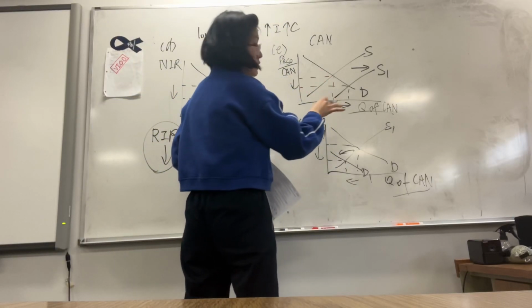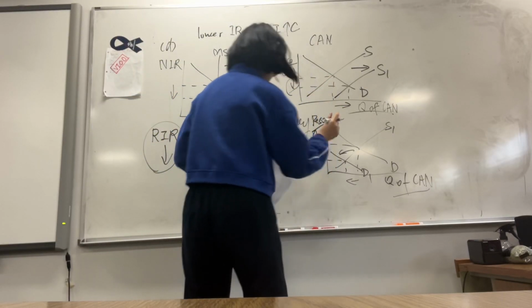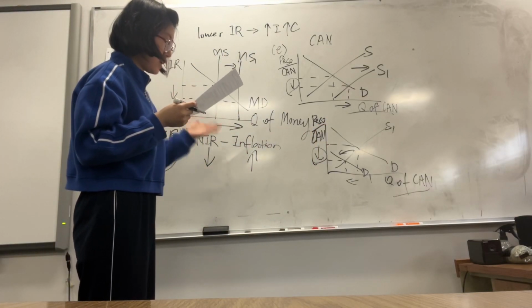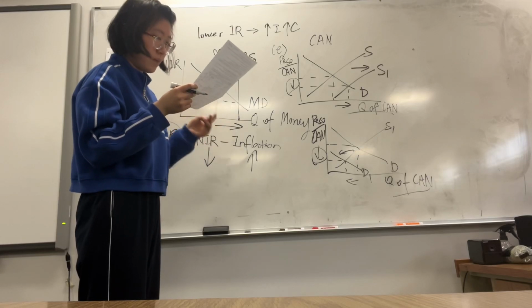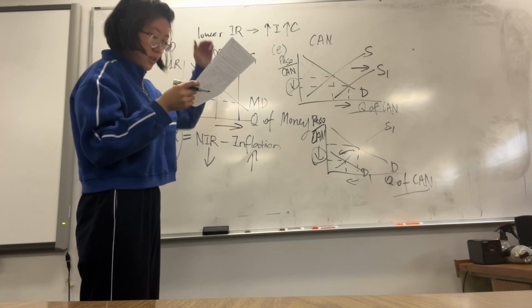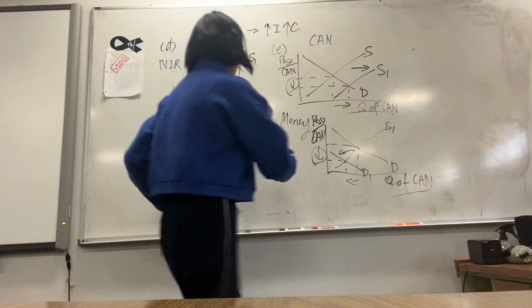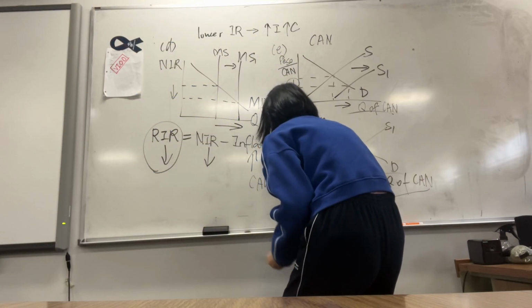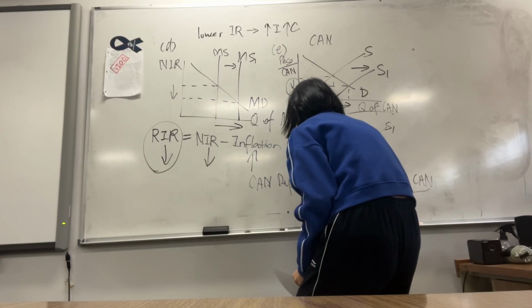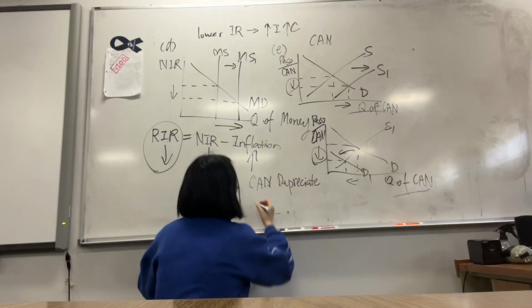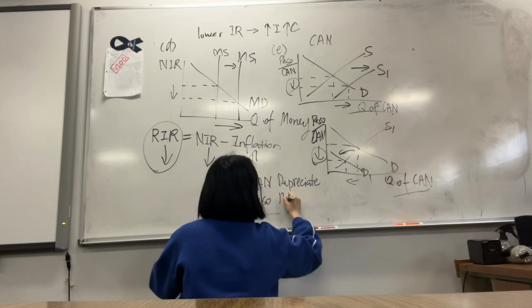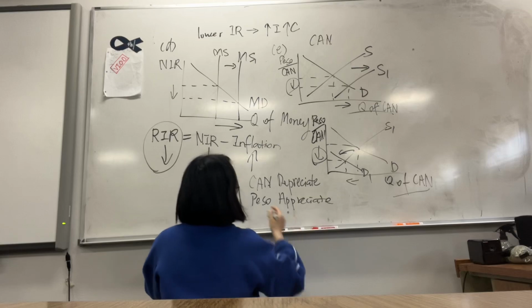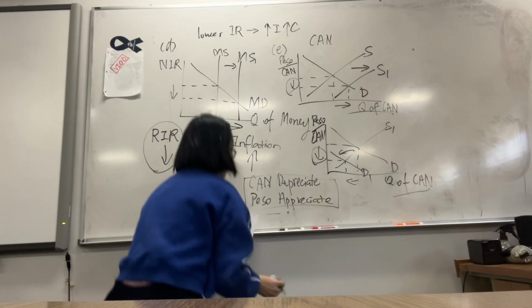So in both graphs you can see that the value is decreasing, which means that the value of the Canadian dollar with respect to the Mexican peso is going to depreciate. So the Canadian dollar is going to depreciate, and you can also write that the peso is going to appreciate. Okay, so this is our conclusion for this question.